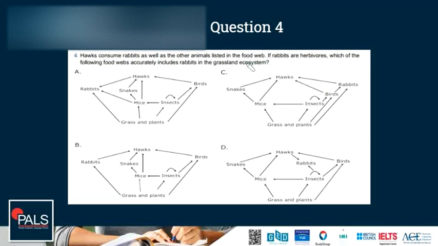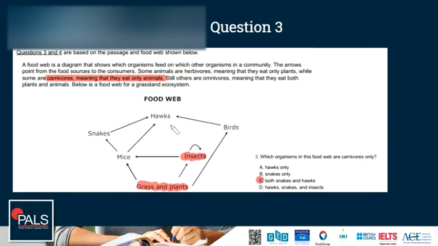So let's have a quick look at the previous picture. Here's our food web, and which is the correct new food web, including rabbits.